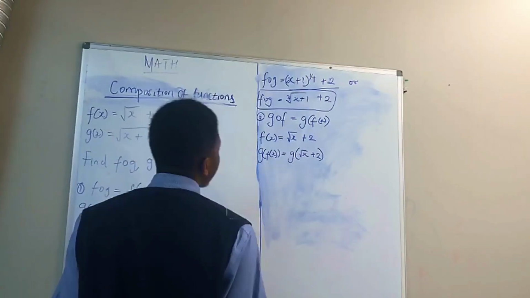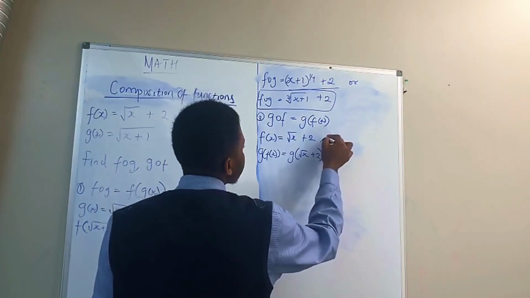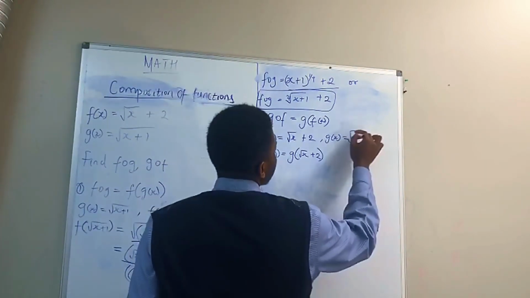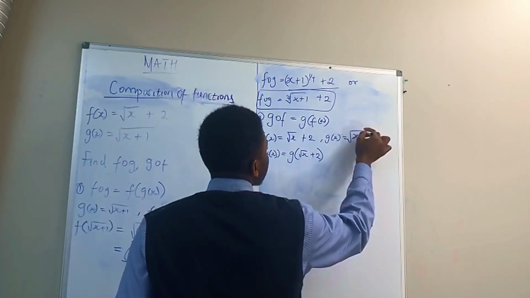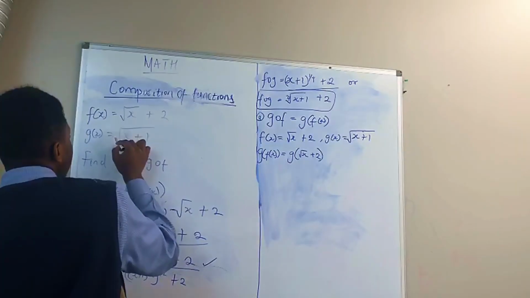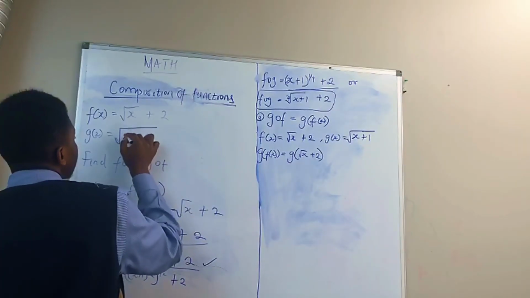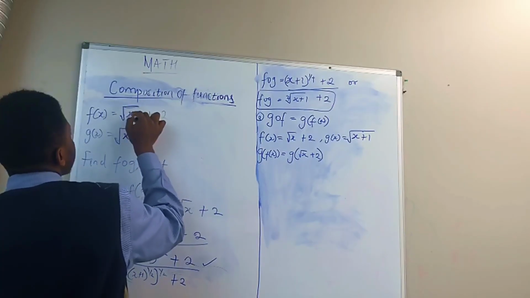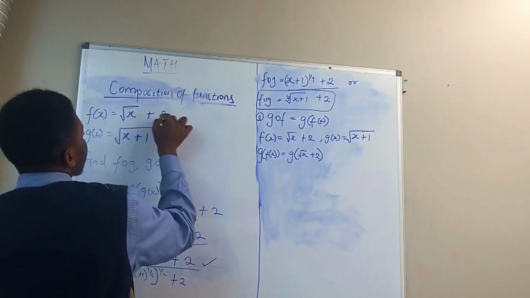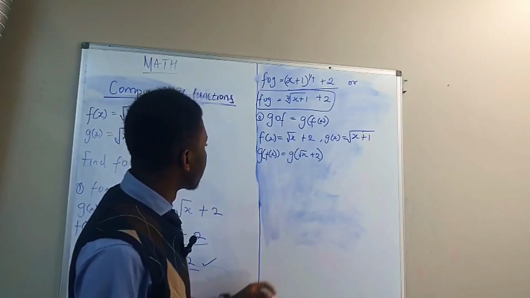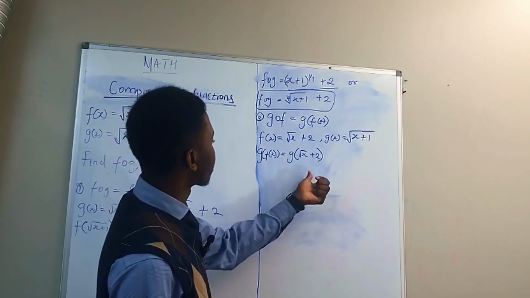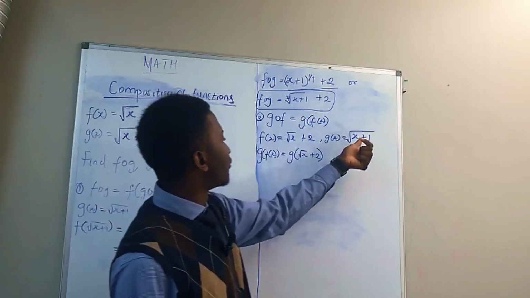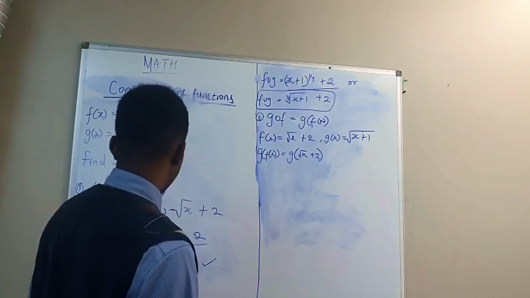But remember, g of x was given to us as root x plus 1. So we want to find this function, we want to find g of f. So now we have to plug this into the variable x.